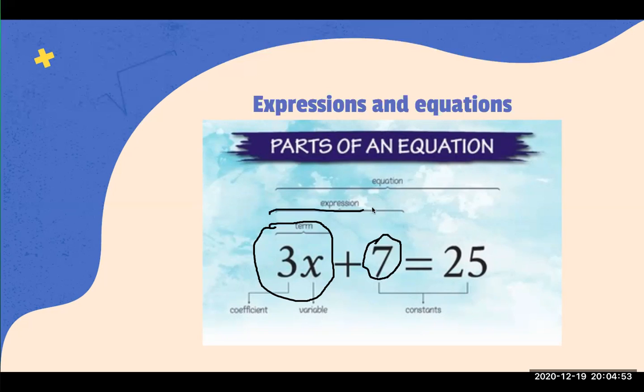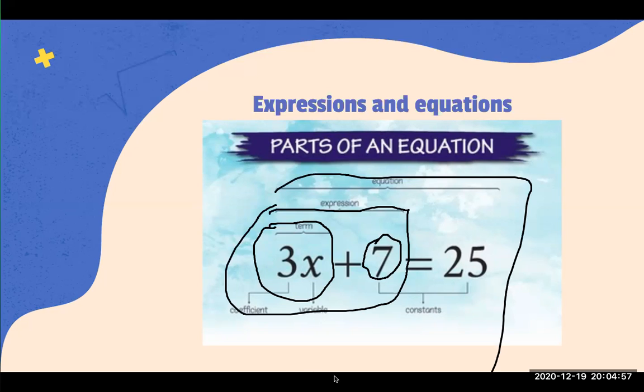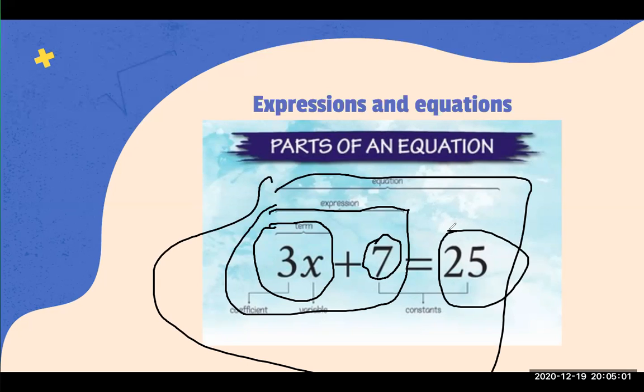So yeah, this is an expression, obviously, and this whole thing is an equation because this is also a different expression, and these two are called constants because they don't have a variable attached to them.